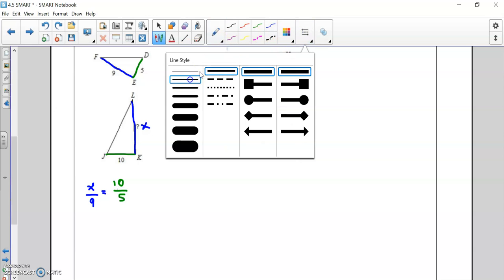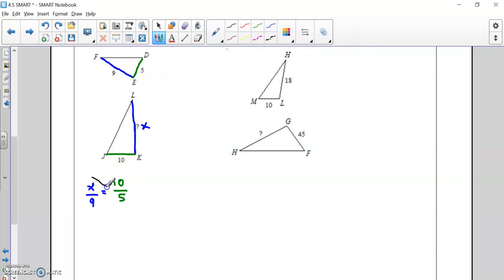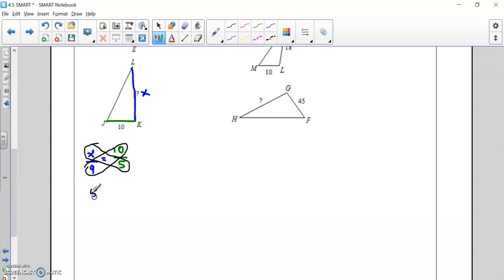All right, we're ready to cross multiply. So we say that 5 times x equals 9 times 10. That's just going to be 90. So then we can divide both sides by 5 to get x finally by itself. And when you do 90 divided by 5, you get a final answer of 18.